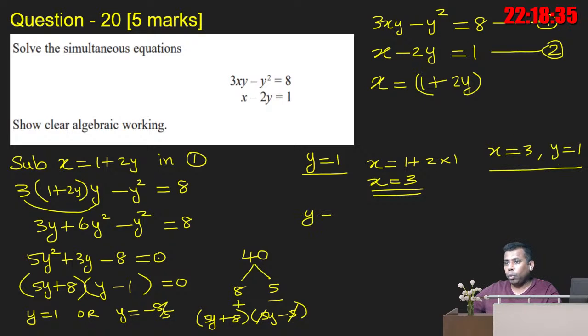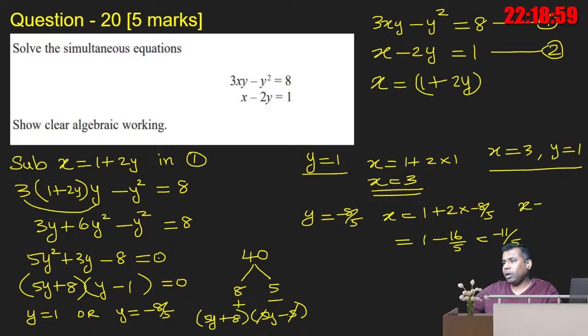Then y equals minus 8 over 5. So x equals, you can substitute, 1 plus 2 times minus 8 over 5. So 1 minus 16 over 5. So that is minus 11 over 5, I believe.